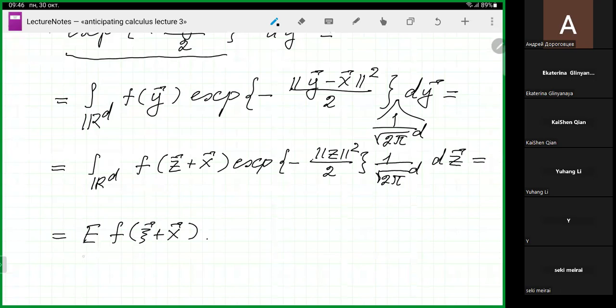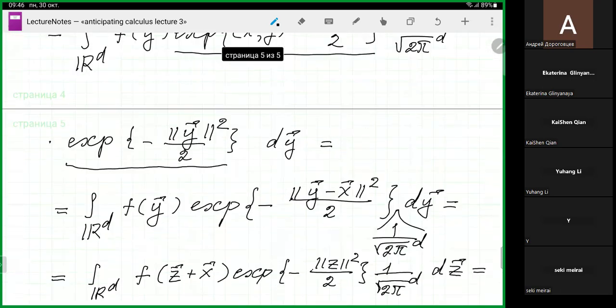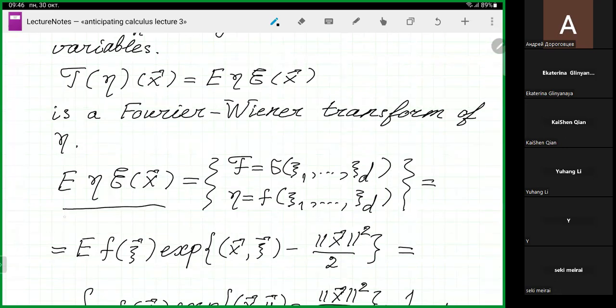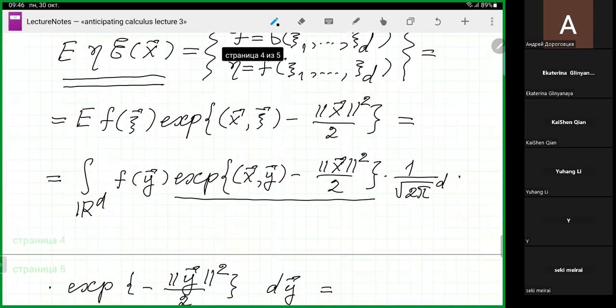Let us consider the beginning and the end of our calculations. The beginning was our Fourier-Wiener transform, and here is the end.